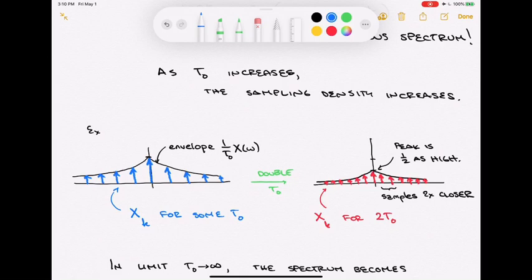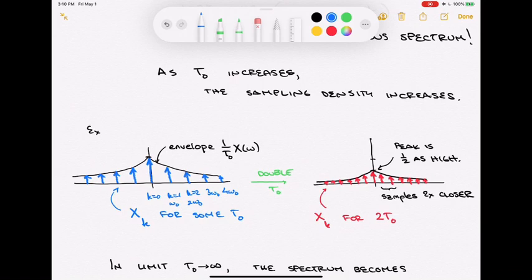If I look at the blue line at the origin, that is the k equaling 0 term. The next blue line is k equaling 1, which is at frequency omega naught. The next one is k equaling 2, which is going to be 2 omega naught, because we're just taking omega at k times omega naught. The next one is at 3 omega naught and 4 omega naught and so forth.